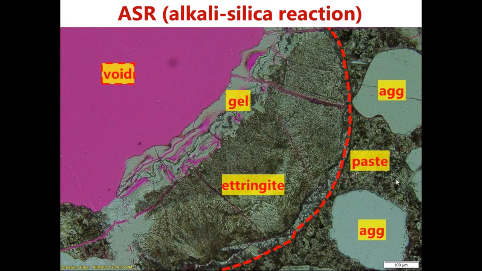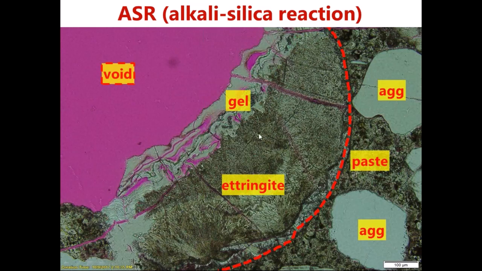Anyway, over time, water that was migrating through the paste started to leach out certain ingredients from the paste and redeposit those elements as the mineral ettringite inside this void. Ettringite, so this is a secondary sulfate mineral. It's not bad or good. It's just there. But this is showing that water has been moving through the concrete.